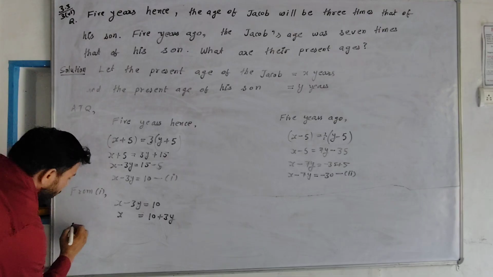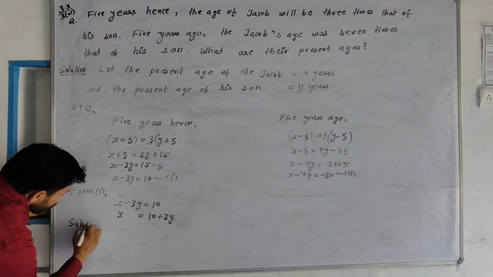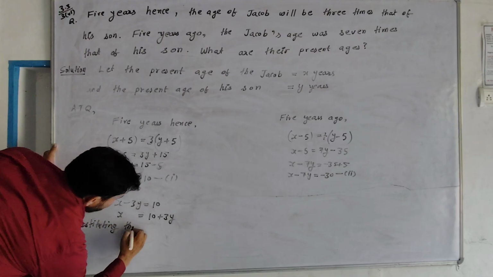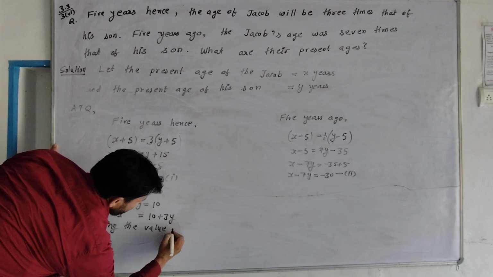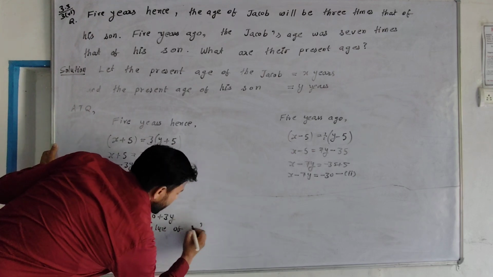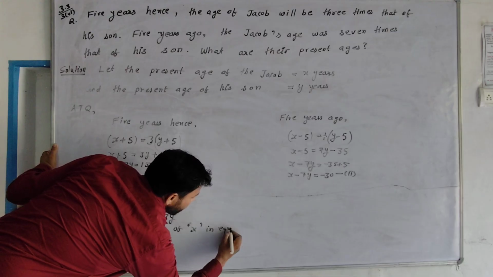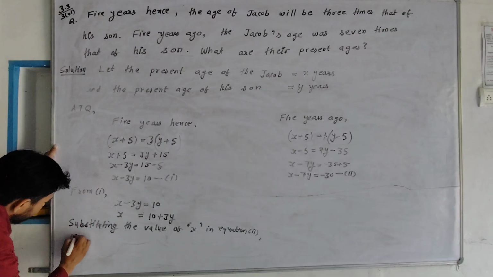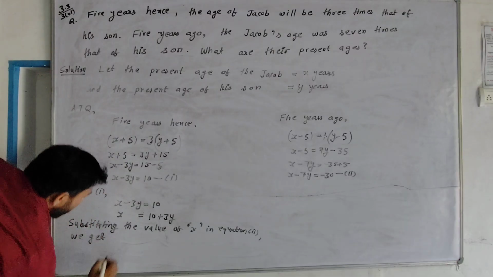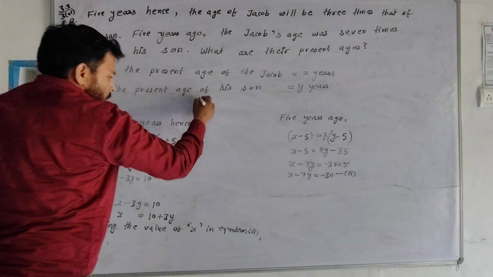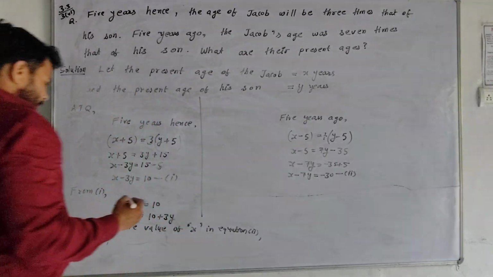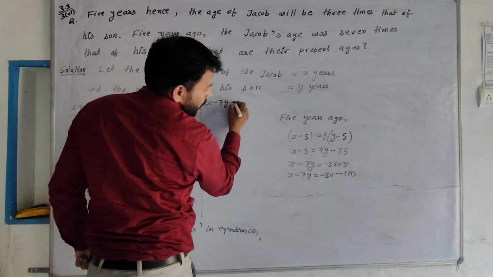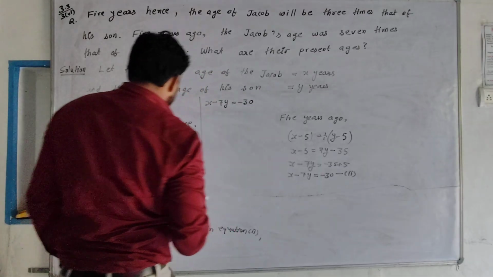Now substituting the value of x in equation second, we get. Second equation is that x minus 7y equal to minus 30.